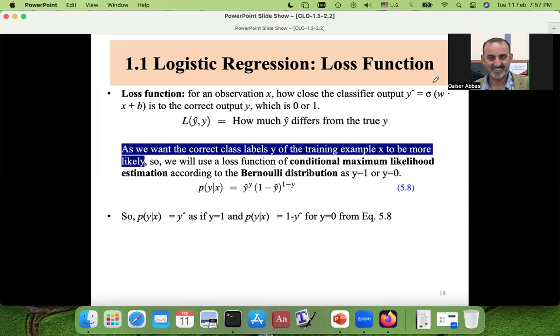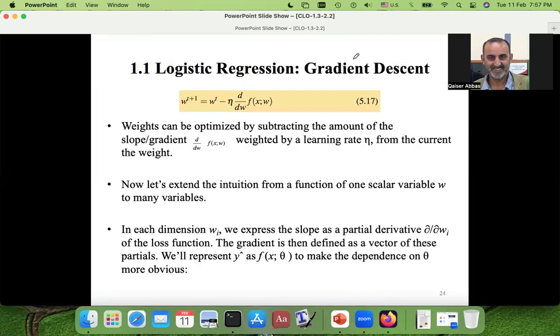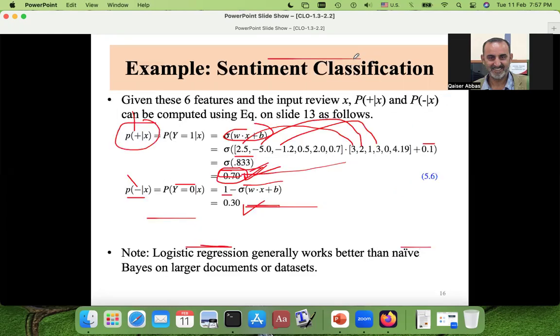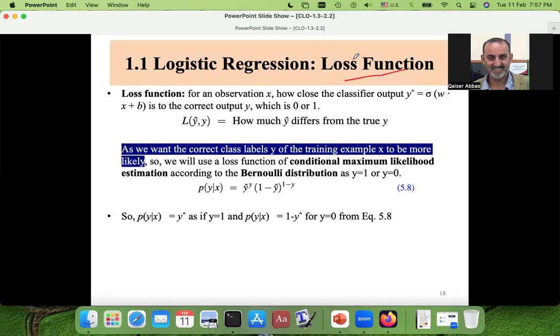So that is how logistic regression works in the training phase: it calculates the weights and cross entropy loss through that algorithm. In training, it executes those final two steps. It starts from here, first the loss function, and the loss function has 1, 2, 3, 4 slides.